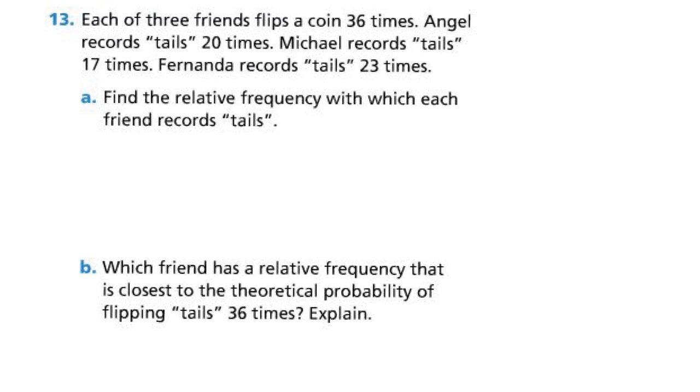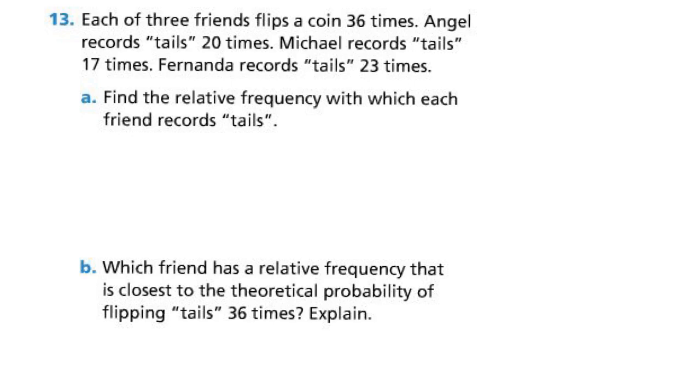Question 13. Each of 3 friends flips a coin 36 times. Angel records tails 20 times. Michael records tails 17 times, and Fernanda records tails 23 times. Find the relative frequency with which each friend records tails.